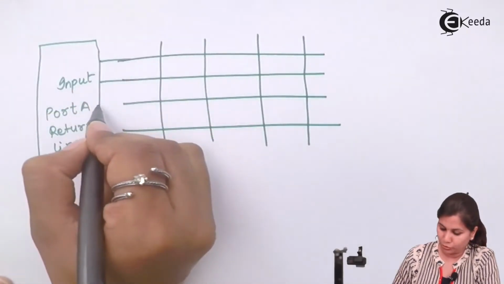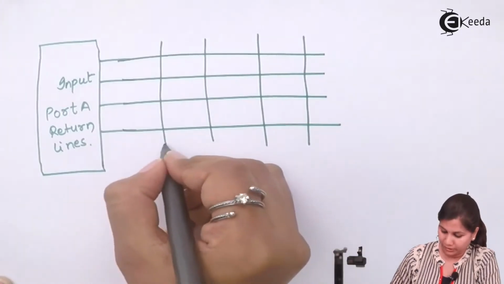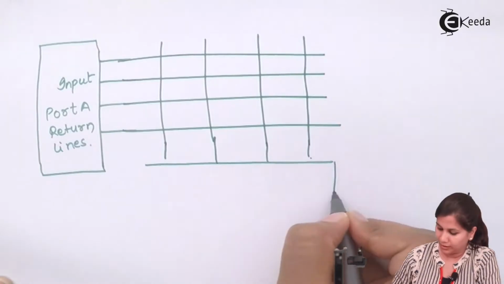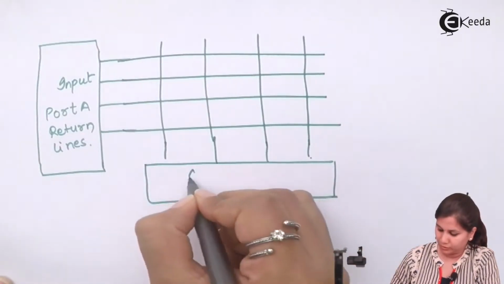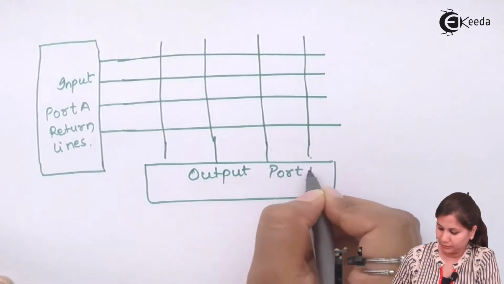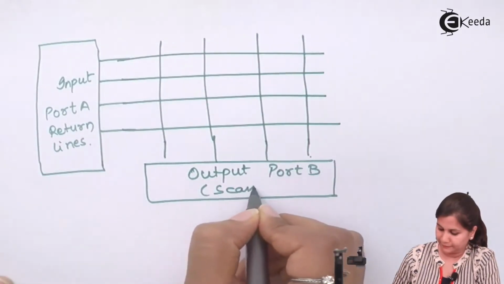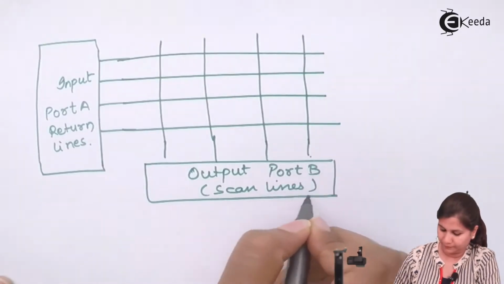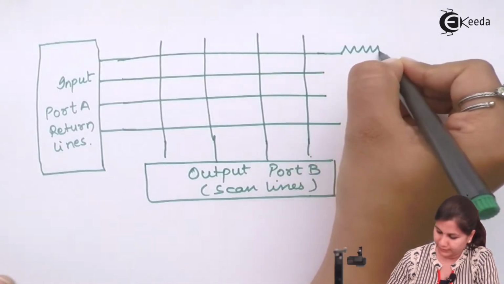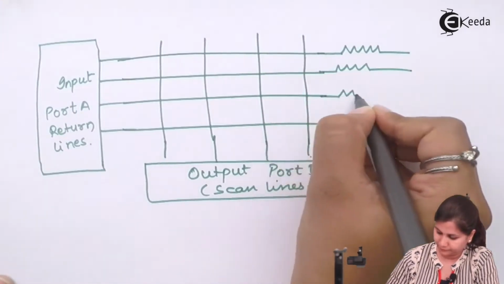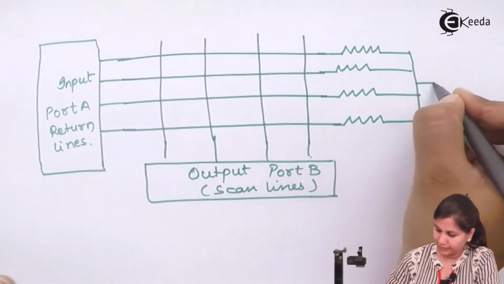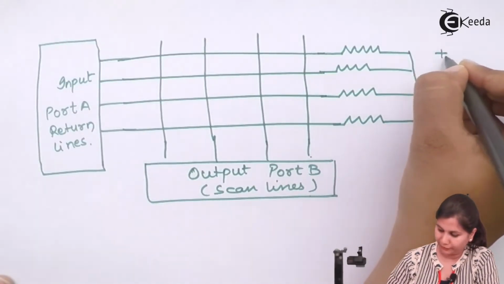These are rows 3, 2, 1 and 0. These are the columns. They are connected with output port B, the scan lines. Now these are connected with a resistance, and all these are connected with a power supply of plus 5 volts.